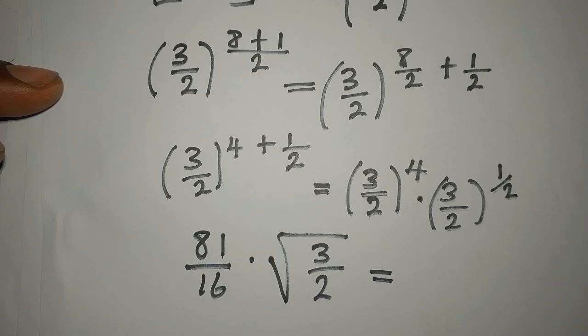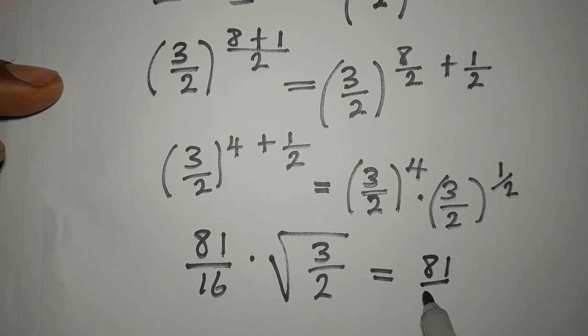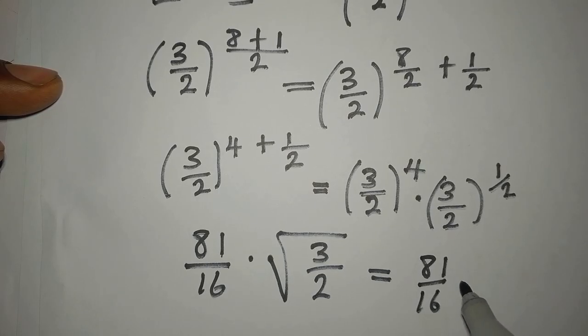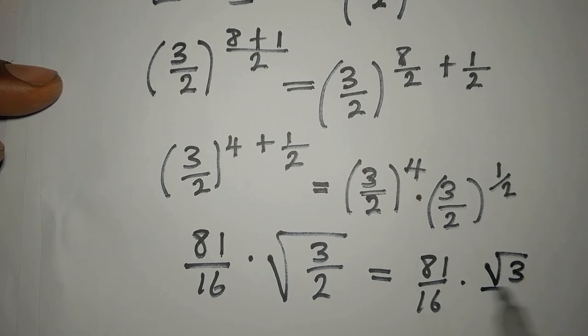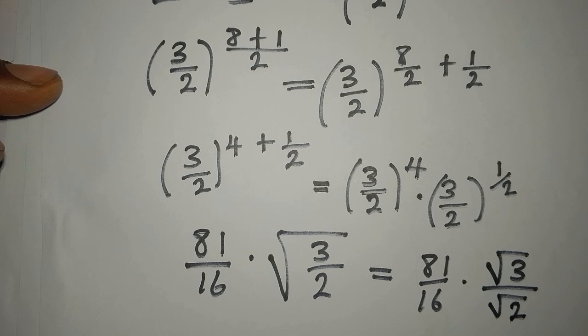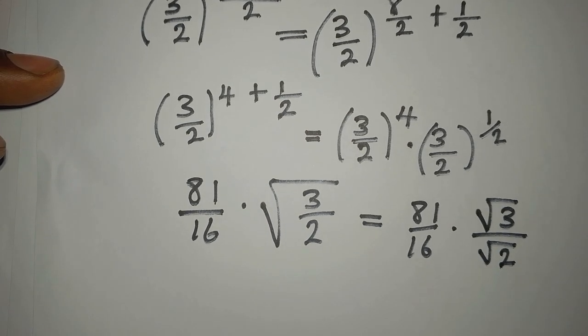Now let's continue. Here we have 81/16, then multiply by, you can actually break this into 2, so you have square root of 3 over square root of 2. Okay, and then we have to rationalize whatever we have here.